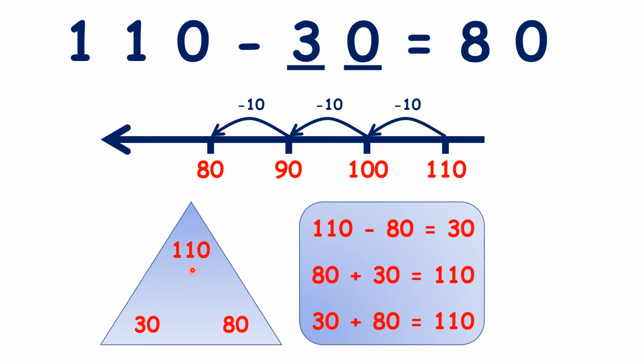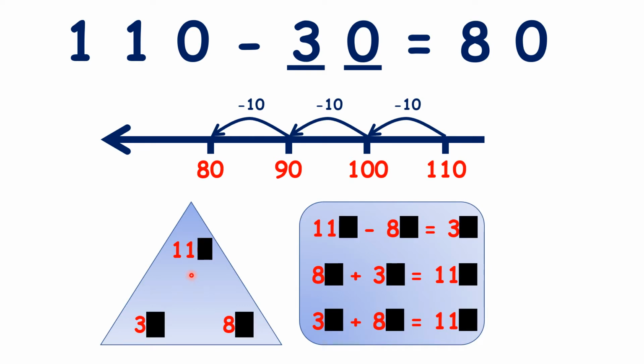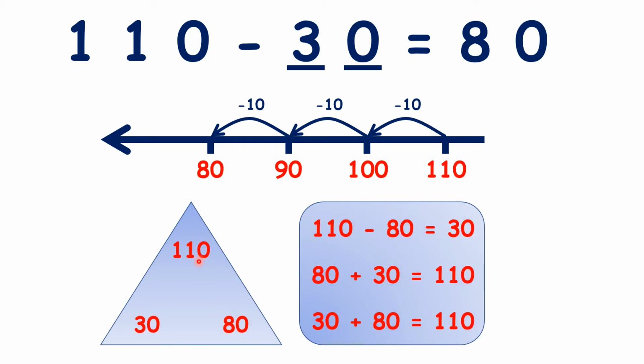And we can see how these facts relate to the number facts we already know. All that is different with what we've done is that rather than 11, 3 and 8, we have 110, 30 and 80.